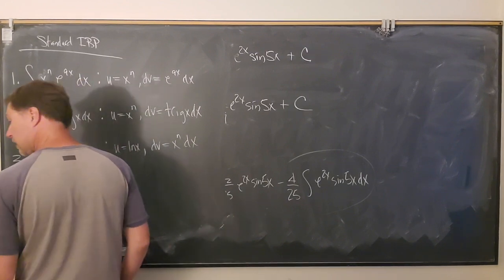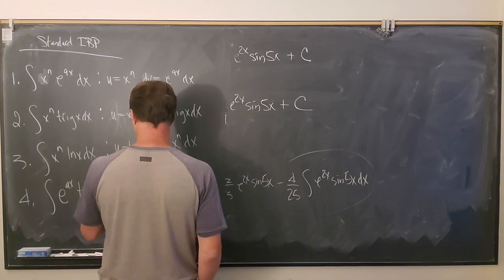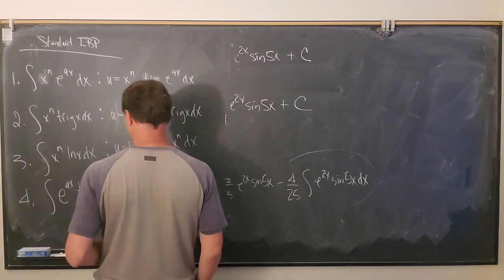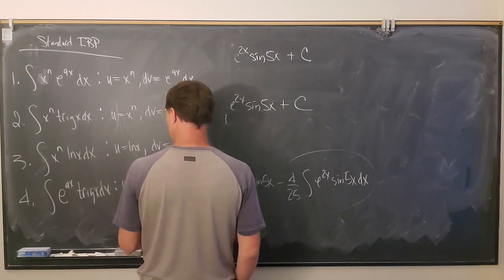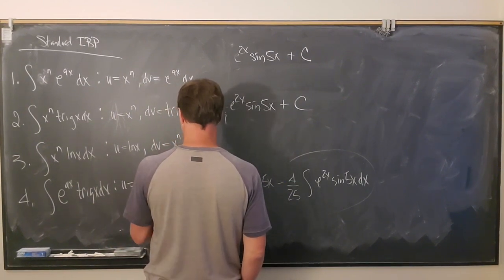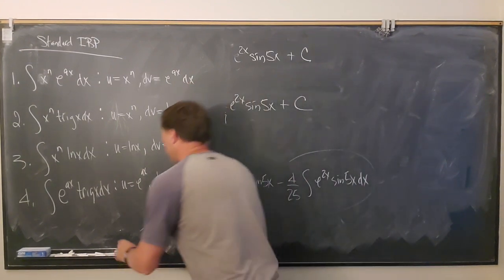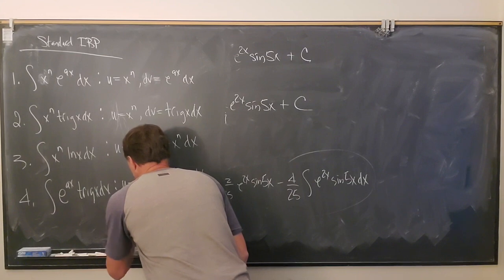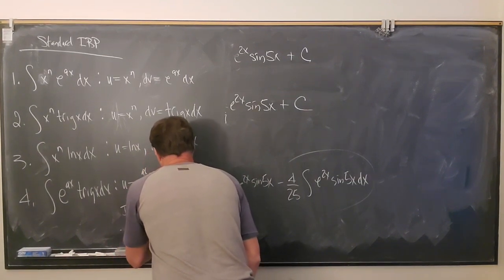So remember, you need to be consistent. It doesn't matter, so I'm just going to say let u equal the exponential part, dv equals either the sine or the cosine portion. And then this is the part where you integrate without integrating.